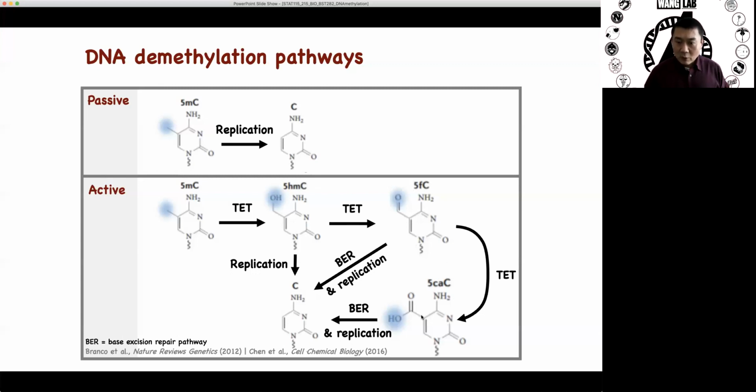Then the cell recognizes the formylcytosine and carboxylcytosine and uses the base excision repair system to scoop out the modified cytosine and patch back in an unmethylated cytosine. This is the active process of DNA demethylation. It's pretty involved, which argues it's probably important, right?